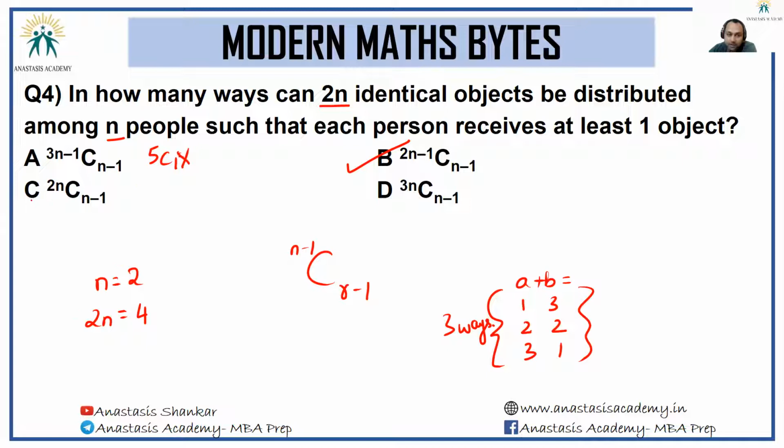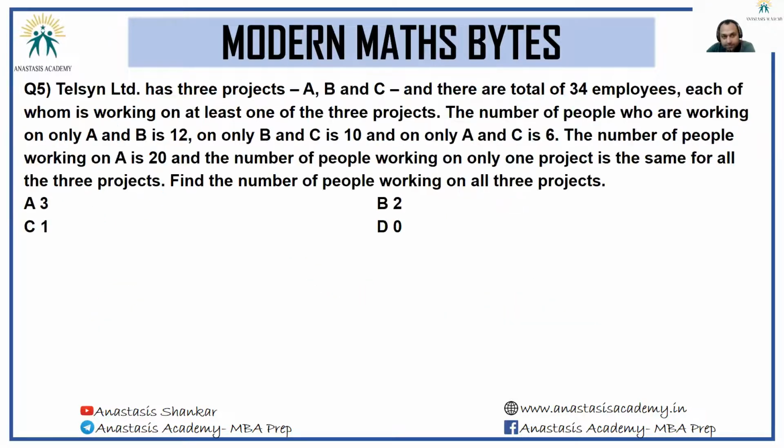No, this is not fine. 2n, so 4C1. No, this is not fine. Here you have 3C1. Yes, this is fine. Here you have 6C1. No, this is not fine. Even so, you would still reach the same answer. The answer doesn't change.